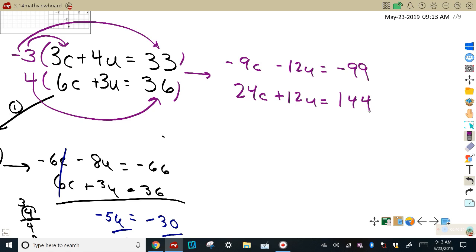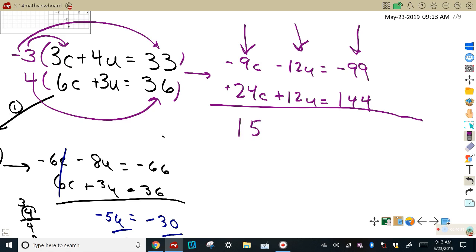Now, I'm doing my giant equation addition problem. What's negative 9c plus, and I know it's plus because that doesn't have a negative in it, so it's positive. Negative 9c plus 24c. 15c, awesome.